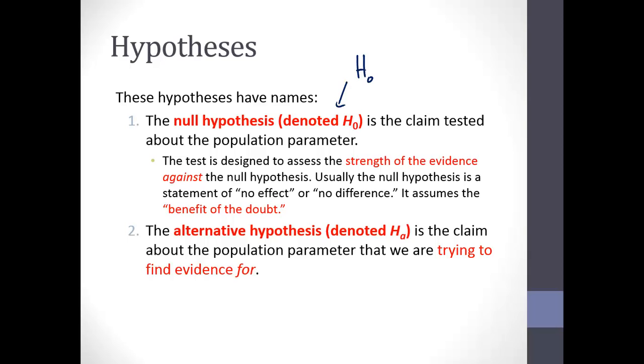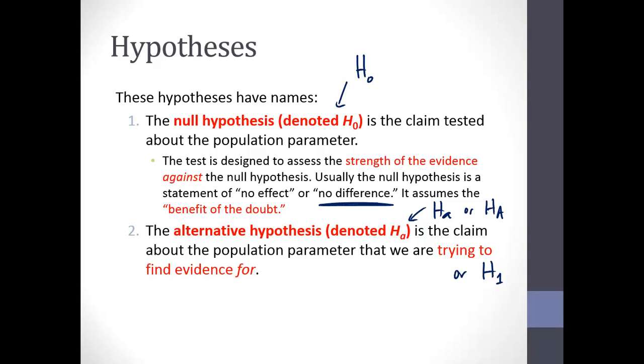The key thing here is that I'm assuming that there is maybe no difference. The other choice is my alternative hypothesis, which I denote with an H with a little a. You also might see H with a capital A, or you might even see a 1 there. We'll stick with the A's, but if you see an H1, that also corresponds to the alternative hypothesis.